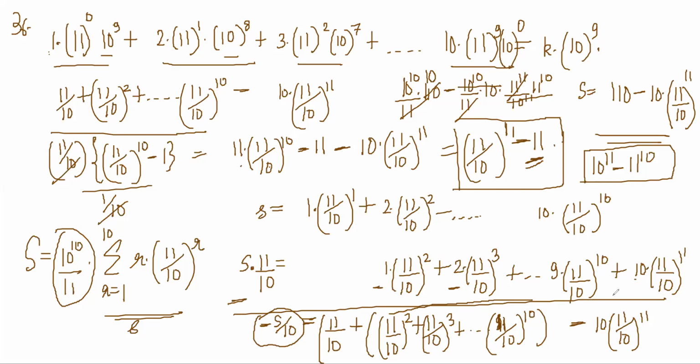So 1 by 10. 11 into this, minus 10 into 11 by 10 to the power 11. 10 into 11, so 1 into 11 minus 11 multiplied by 10 minus 10, so plus 110 minus 10 into, multiplied by 10 power 10 by 11.